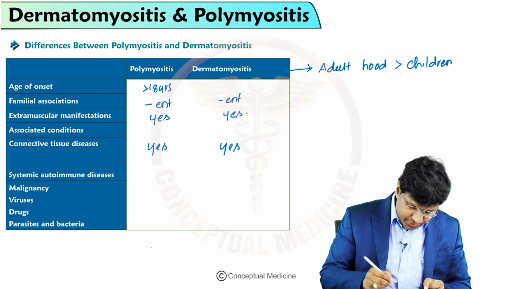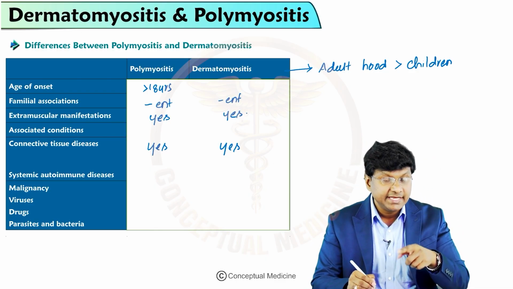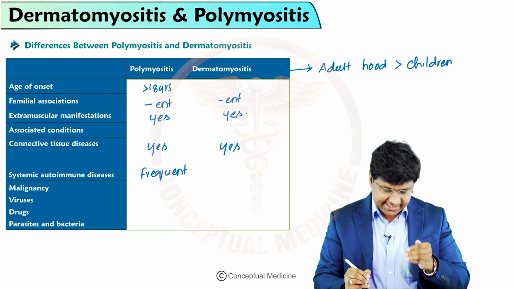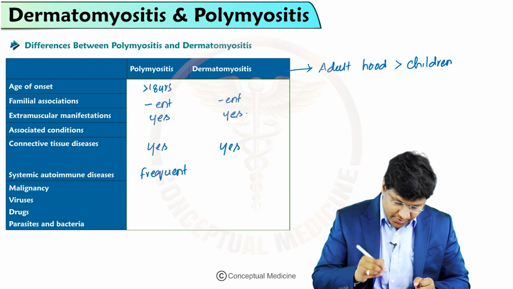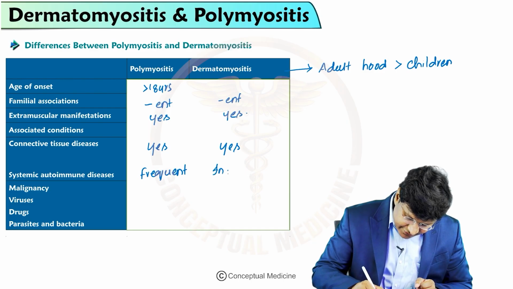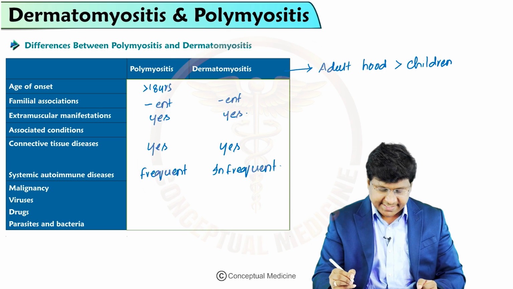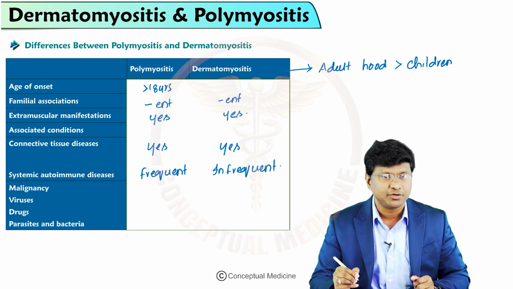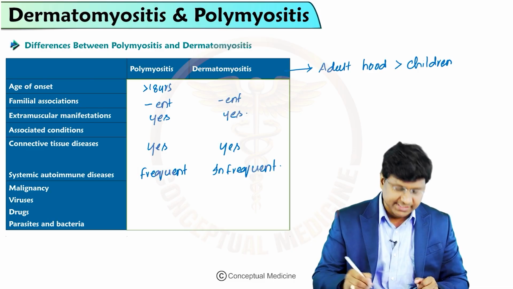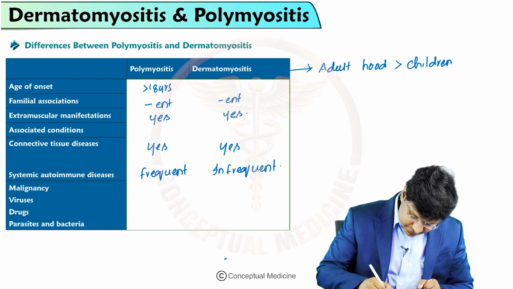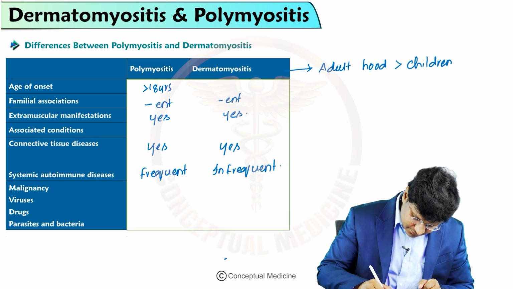And what about autoimmune diseases? Autoimmune diseases, in case of polymyositis, they are very frequent, whereas in dermatomyositis, it is infrequent, right? And what about malignancies?